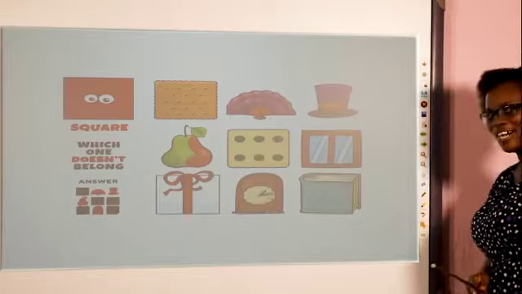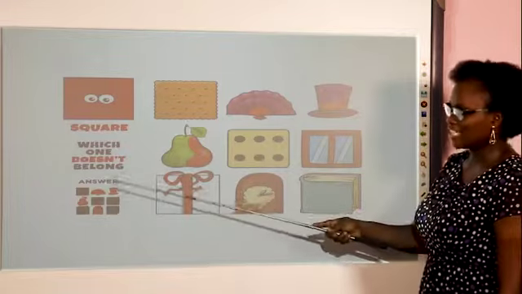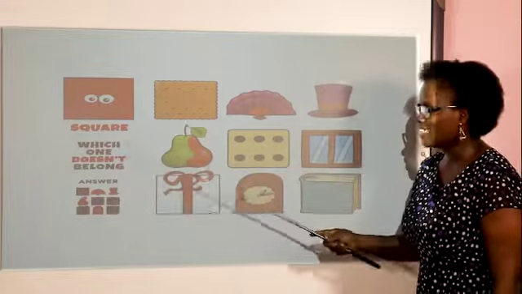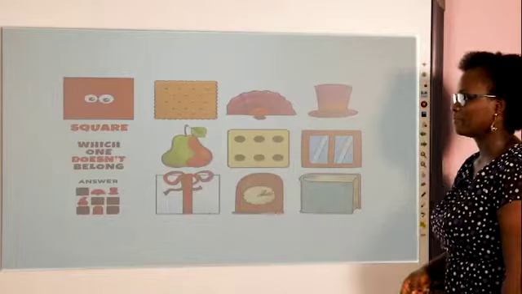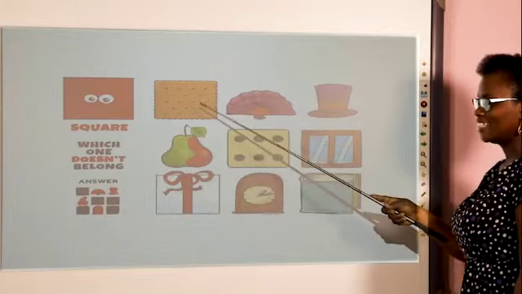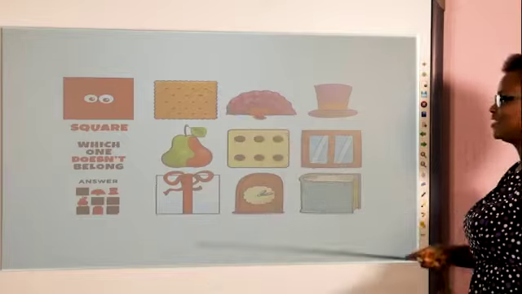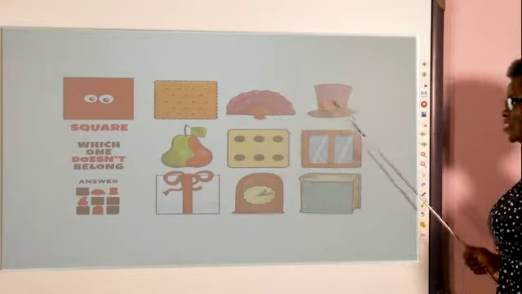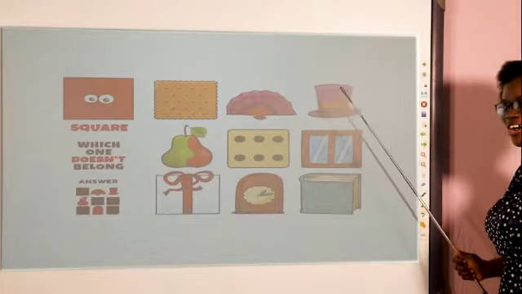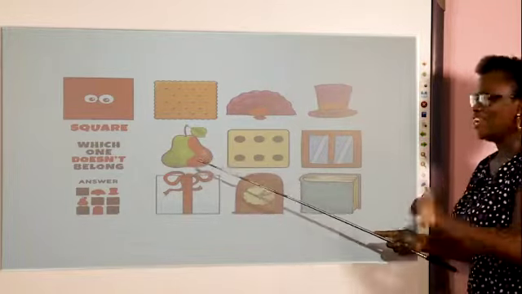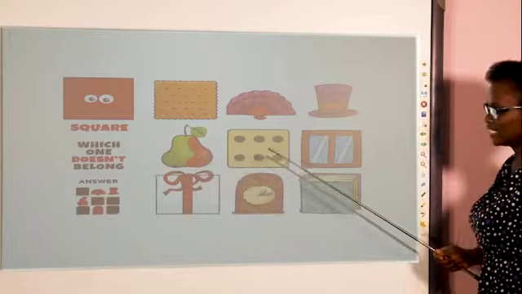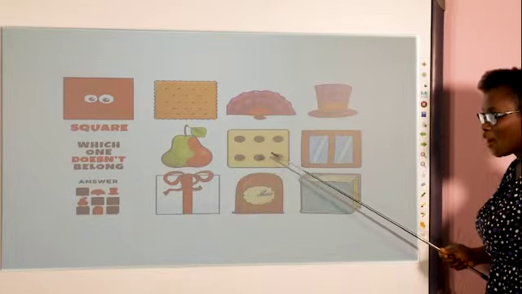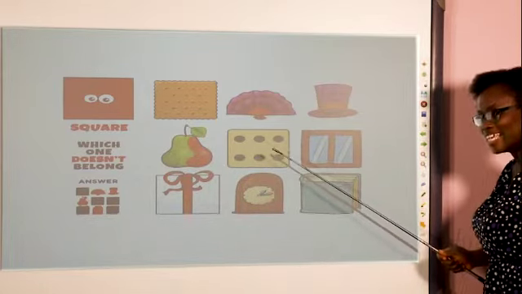Let's have fun. Which one doesn't belong? Look at it. We're looking at square. Is this part of it? Yes. Very good. This? No. Is this a square? No. What about this? No. What about this? Is it equal? Do we have 4 equal sides? Yes.